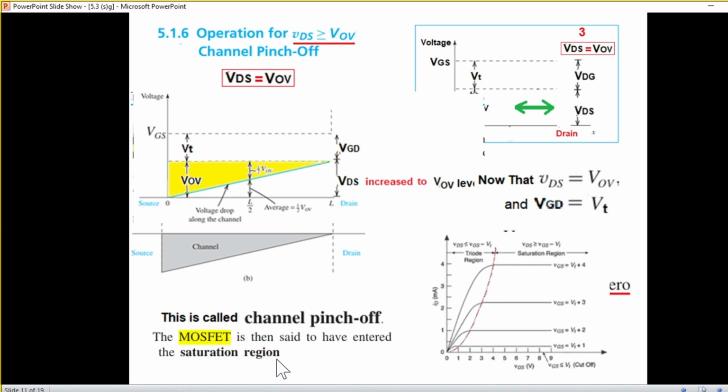And the MOSFET is said to have entered the saturation region. Now we are exactly at this point where VOV is equal to VDS. So this is the VDS and VOV same. Therefore, we can say that we are in the saturation region.